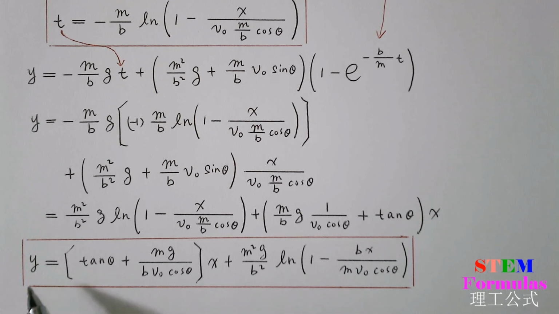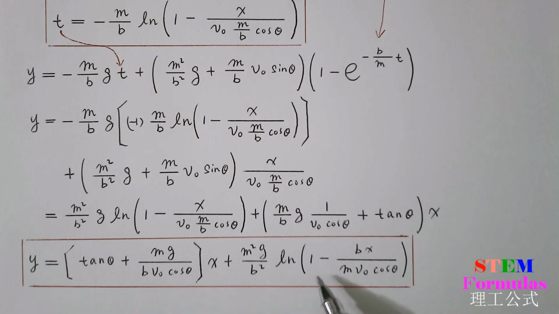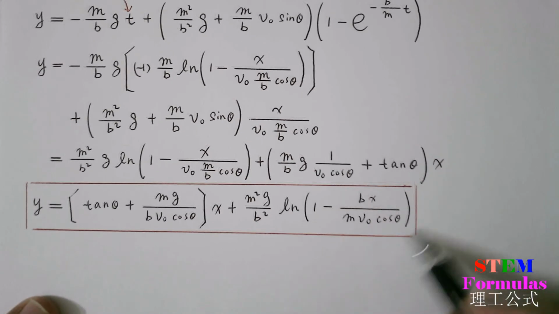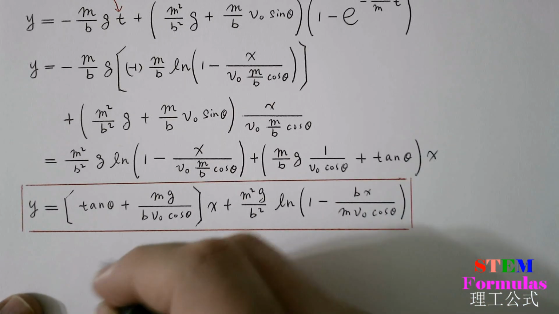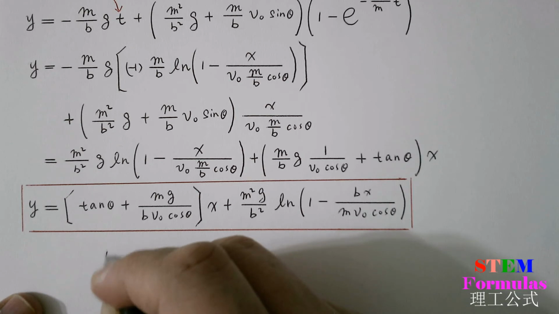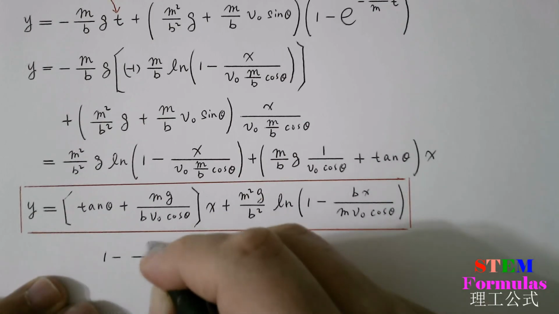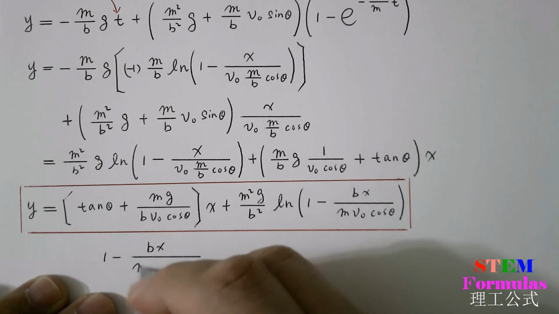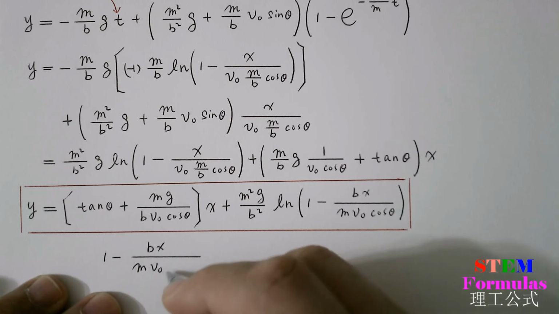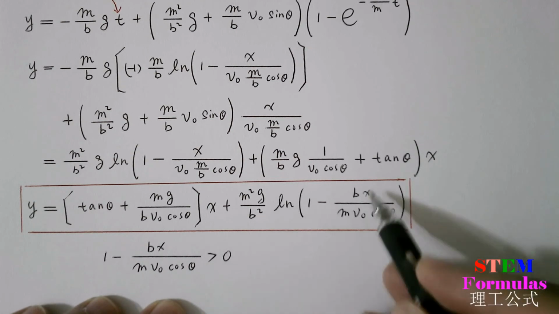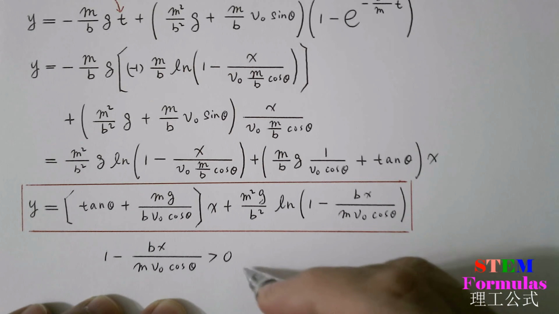So this equation only contains y as a function of x here, x here, x here, and the time variable is gone. And we demand that this argument should be bigger than 0: 1 minus b x divided by m v0 cosine theta greater than 0. So the argument of the logarithm is greater than 0.